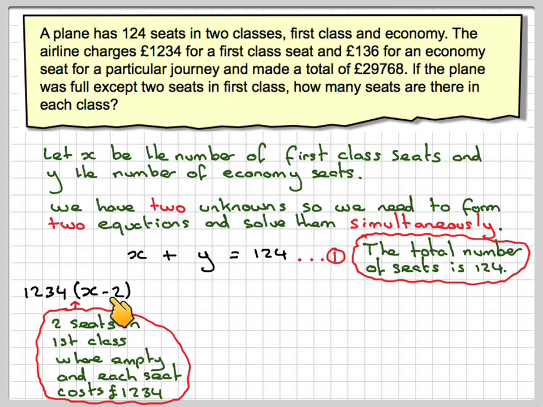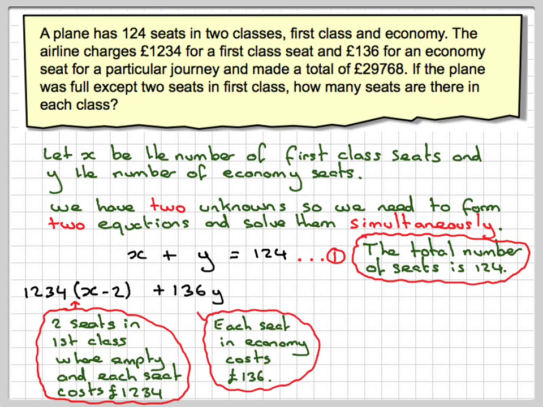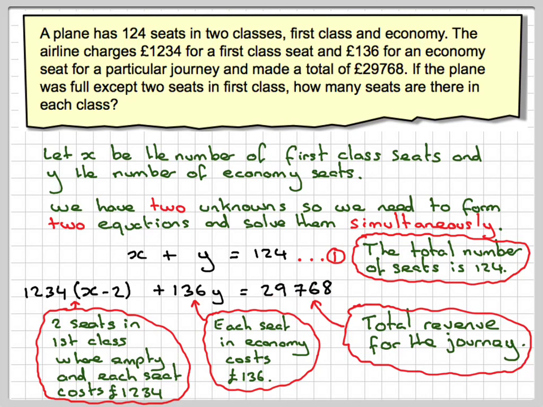So that's the amount of money we made in first class. And then we need to add to that 136Y, because each Y was worth £136. So each seat in economy costs 136. And that gives us a total of 29,768. That was the total revenue for the journey. So we call that equation 2.